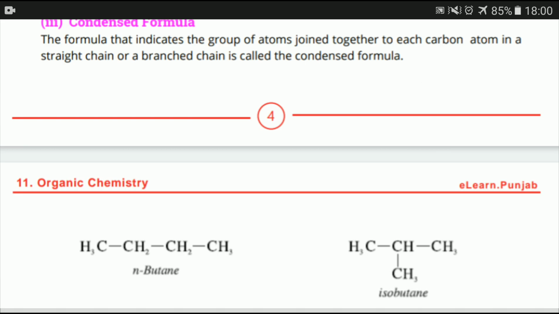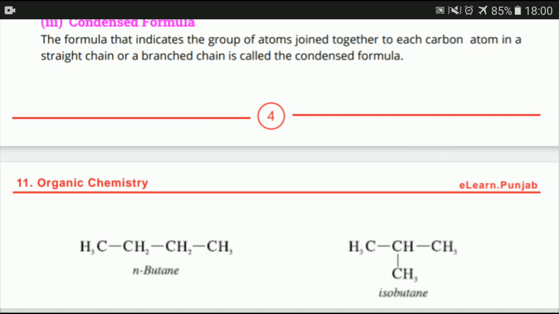In CH3, carbon is making 3 bonds with hydrogen atoms and the 4th bond with a carbon atom. In CH2, carbon is making 2 bonds with 2 hydrogen atoms and the other 2 bonds with carbon atoms. Now in isobutane, one branch is there. This is not a straight chain, this is a branch chain structure.